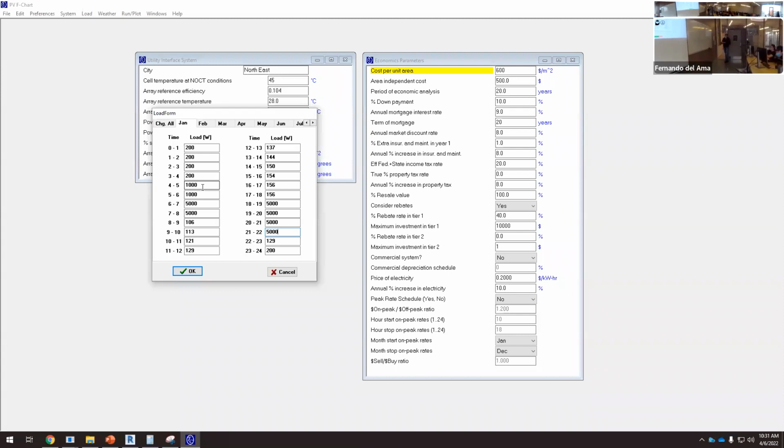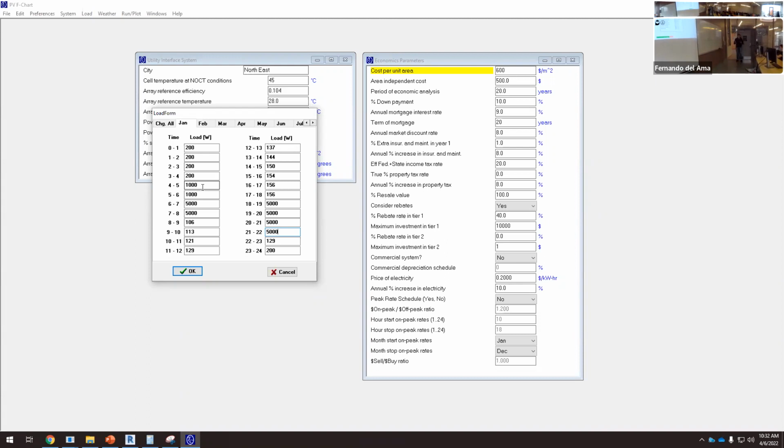So this is energy that we have to buy from the grid. Right. And this is energy that I have to sell, because I'm not consuming this energy.